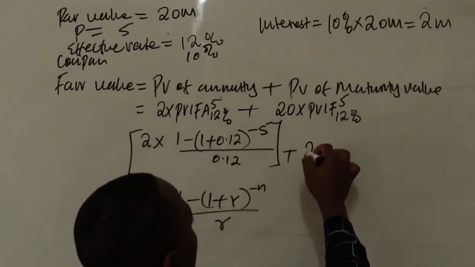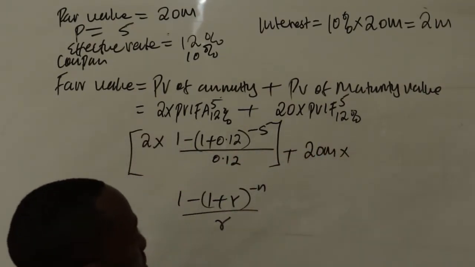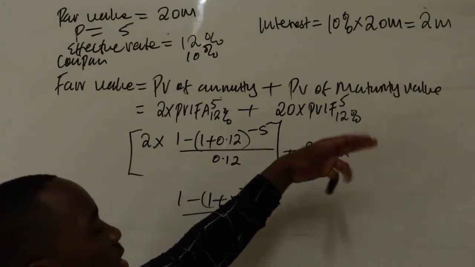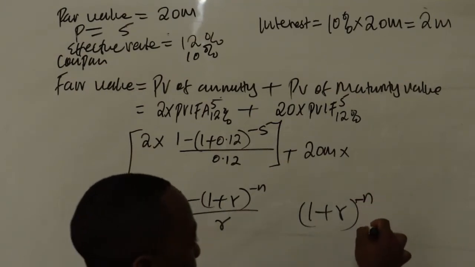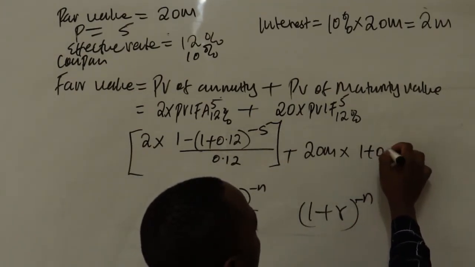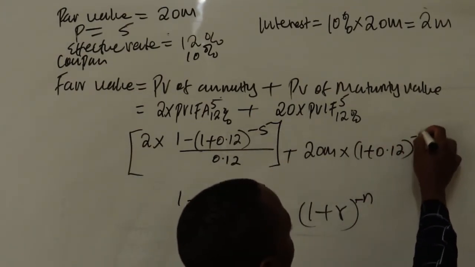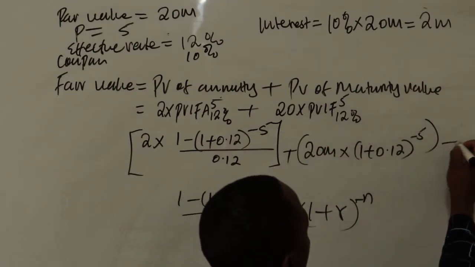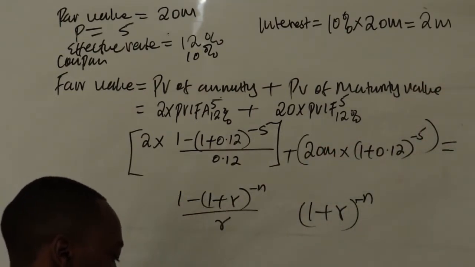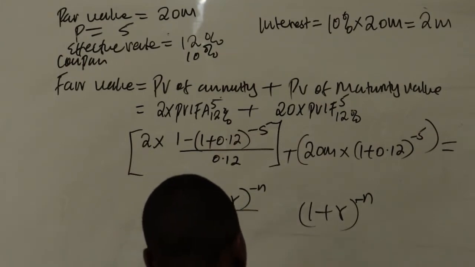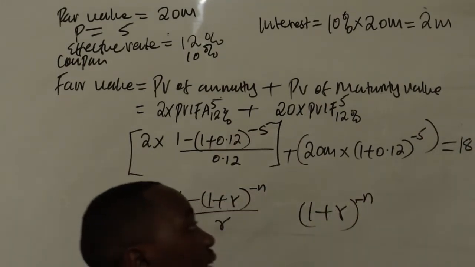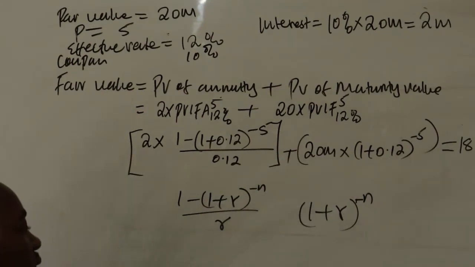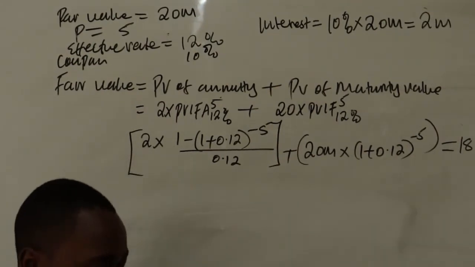You add 20 million multiplied by the present value of a single amount, which is just (1 plus r) raised to the power negative n. So it will be 1 plus 0.12 to the negative 5, and I'll get an amount of 18.56. You get 18.56.